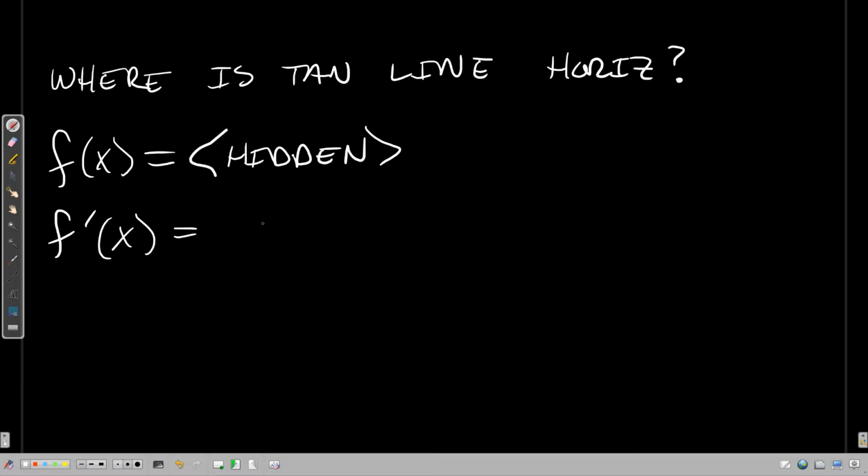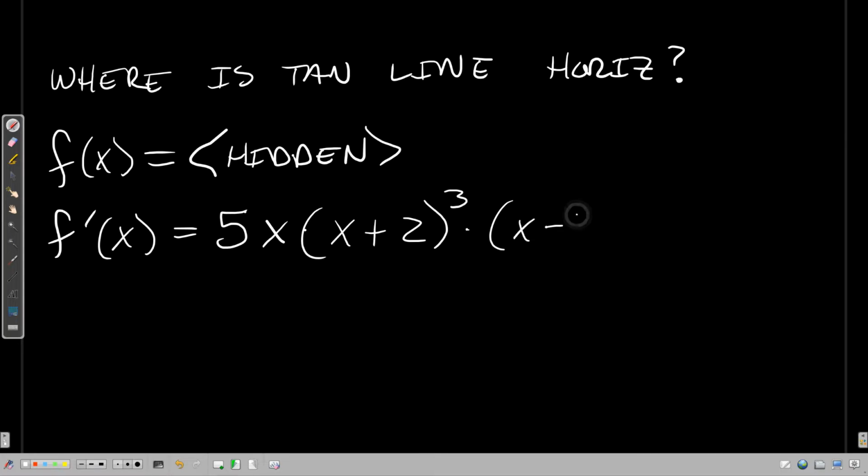Maybe the derivative function is something like 5x times x plus 2 cubed times x minus 3 squared. So f of x is some crazy function, and when you took its derivative, you got this, and lo and behold, it got factored beautifully.